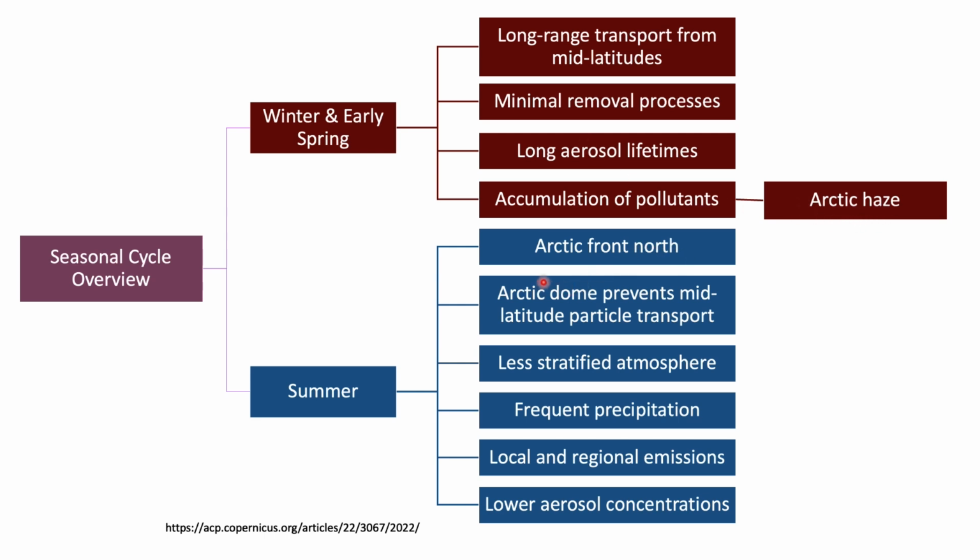As the season changes, the Arctic front shifts northward, reducing the pollutant influx and increasing the precipitation, which lowers aerosol concentration. Seasonal patterns vary by location, with anthropogenic tracers peaking in winter and natural tracers showing dual peaks, such as mineral dust elevated in the summer and spring.